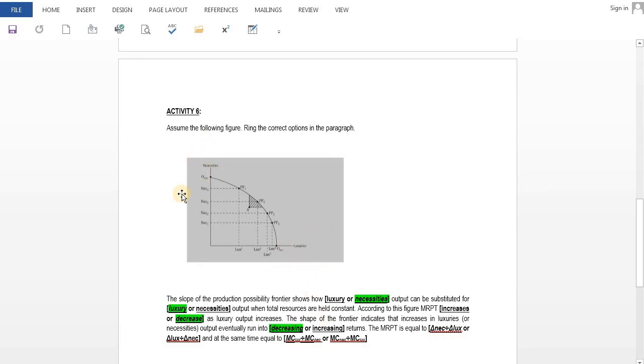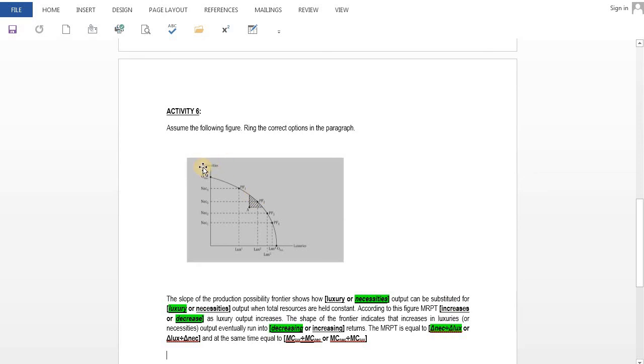Mathematically, slope is change in y over the change in x, and therefore the slope in this case, which is the marginal rate of product transformation, would be a change in necessities over the change in luxuries. Important: when we talk about marginal cost and price ratios, this is a completely different notion. You cannot say the marginal cost is going to be exactly the same as this.